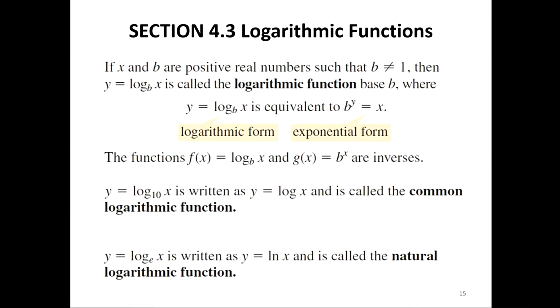Logarithmic function. The logarithmic function is the inverse of the exponential, and the exponential is the inverse of the logarithm.